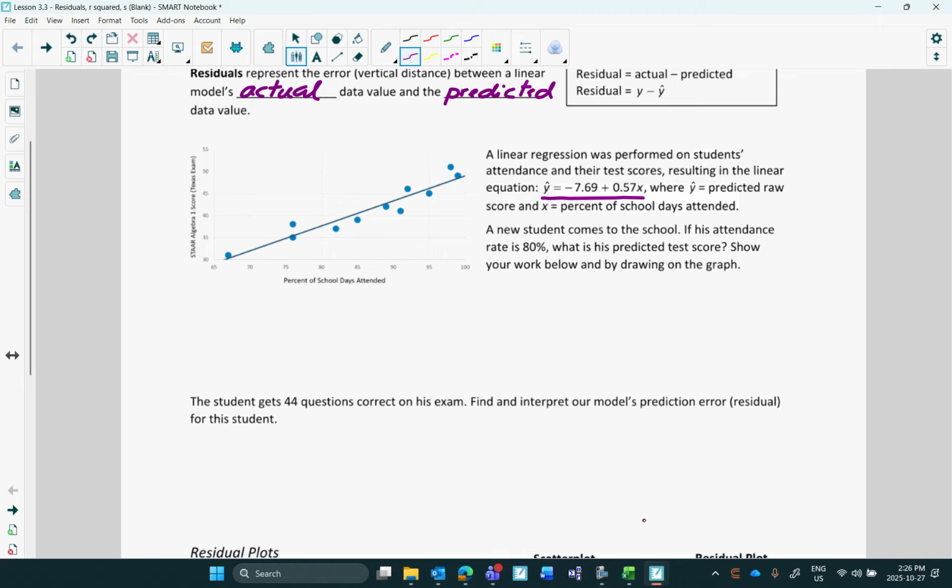Confidence talks about how close all the points are to the line. They're all pretty close, so we're confident. If, however, this one was up here, and this one was down here, we'd be less confident. The difference between the line and all the points is pretty small.